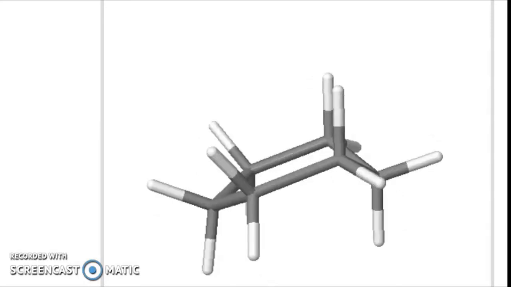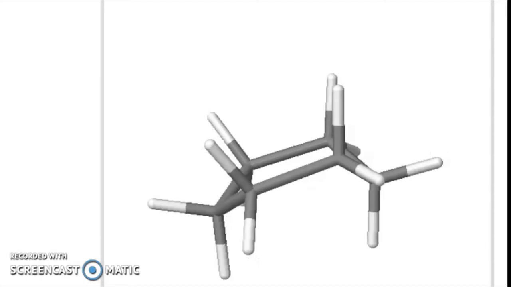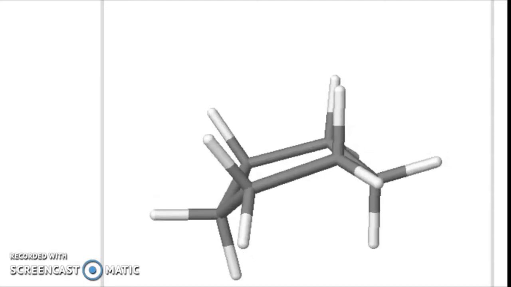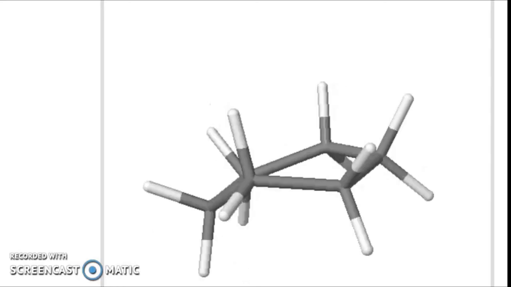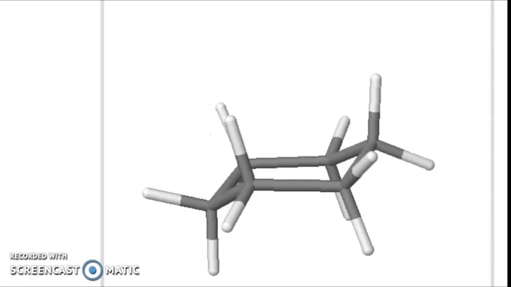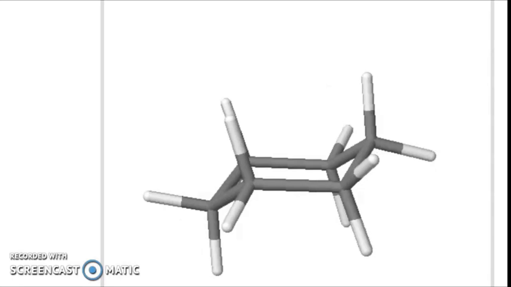Carbon 1 has come down, and now you can see slowly carbon 4 is coming up. And we have arrived at the opposite, or mirror image, of the first chair conformation. So during ring flipping, carbon 1, which was above the plane, goes below the plane, and carbon 4, which was below the plane, goes above the plane.